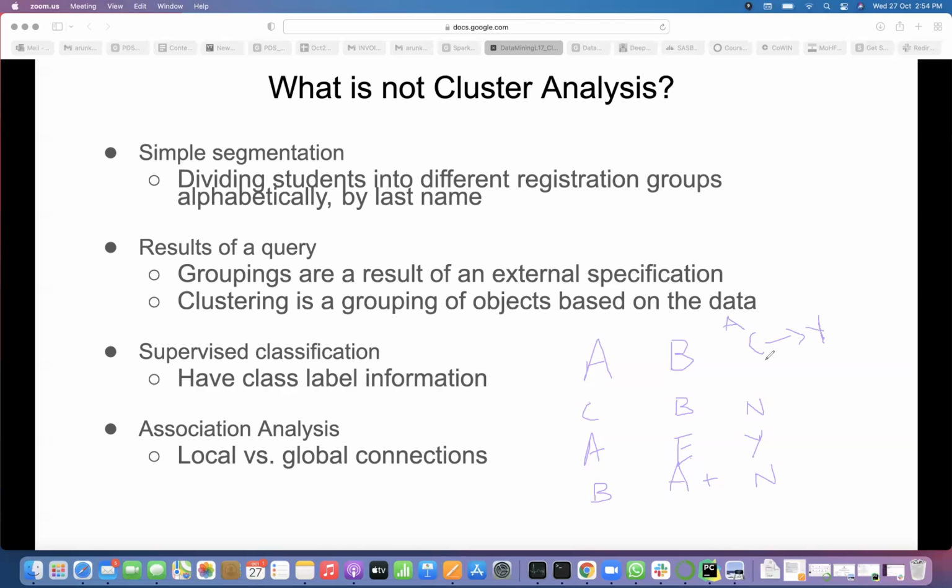For this, you will find out if it has enough support and confidence, and it will become one rule. Similarly, you may find A equal to A. Then you can also find rules involving two variables, A and B: A value A and B value E, whether they get placement in the first quarter itself or not.